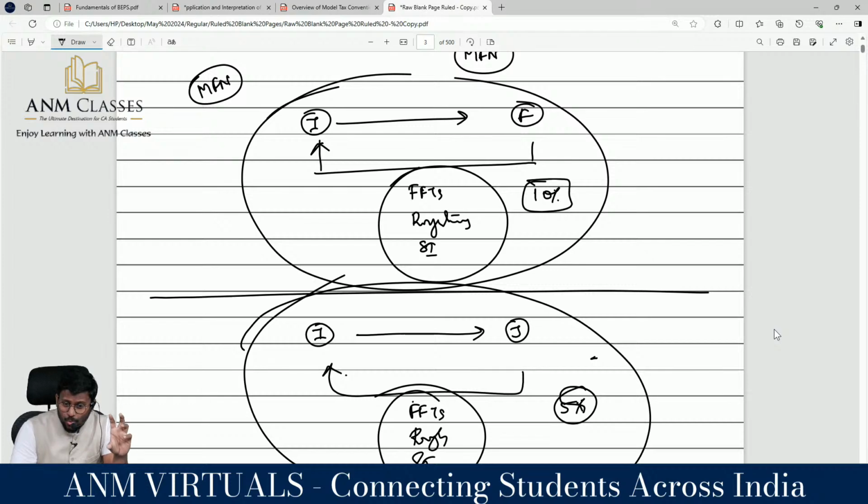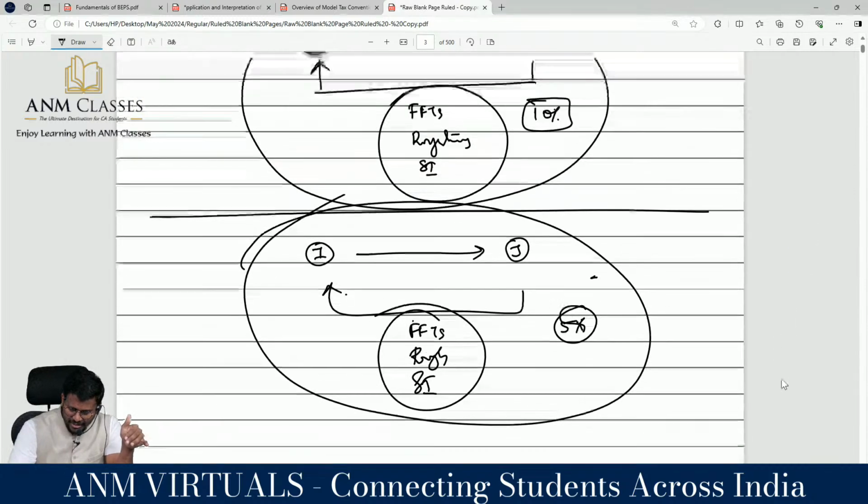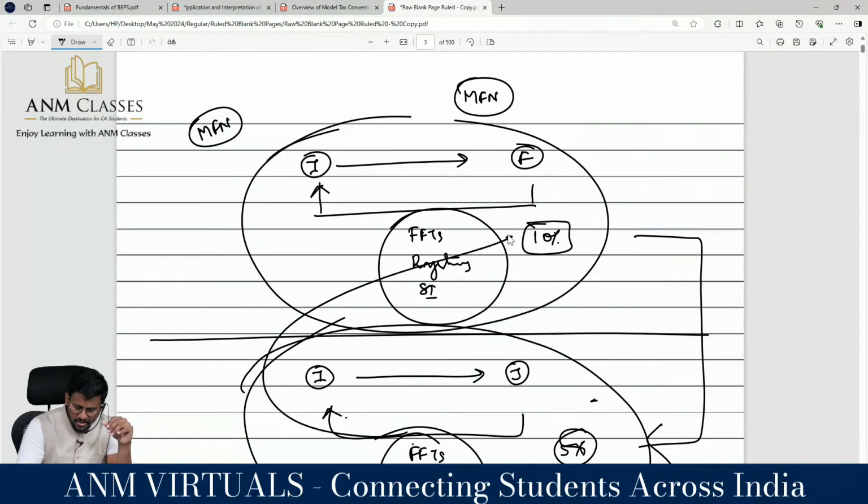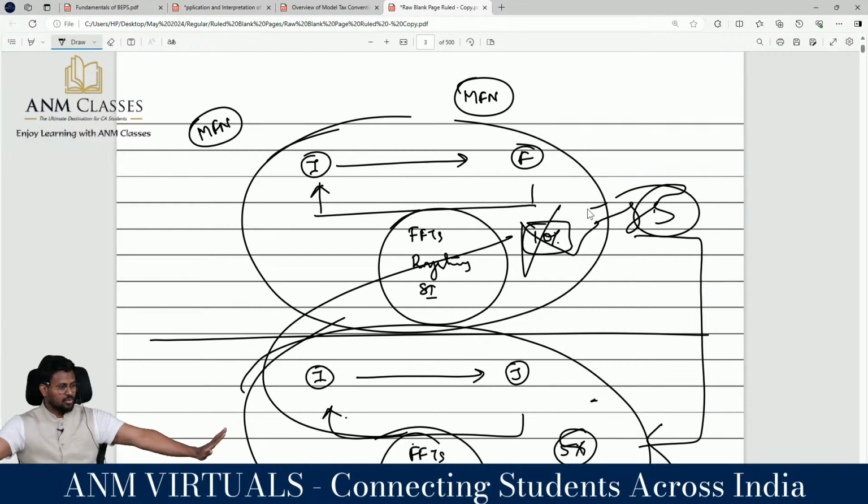France. In that, what is there? MFN clause is there. After that, India ended a DTA with whom? Japan. Sir, is the income covered the same or different? Same. There it is at 10%, then this 5% will be applicable here also. That is what the most favored nation clause is.